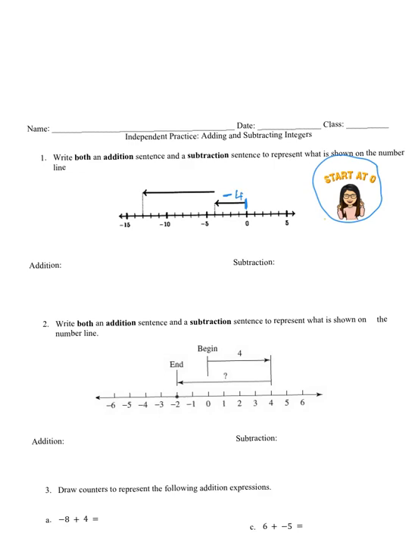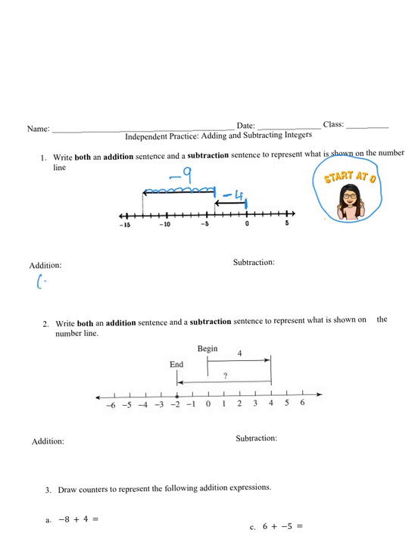And then from that -4, we're gonna see how many units it goes to the left. 1, 2, 3, 4, 5, 6, 7, 8, 9 to the left, so it is negative.